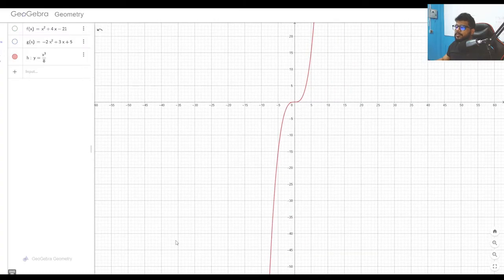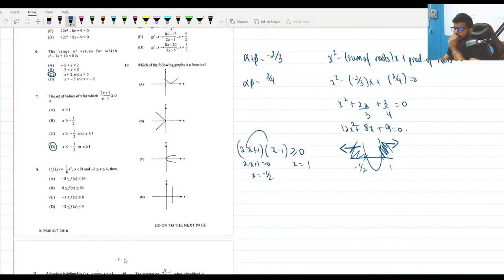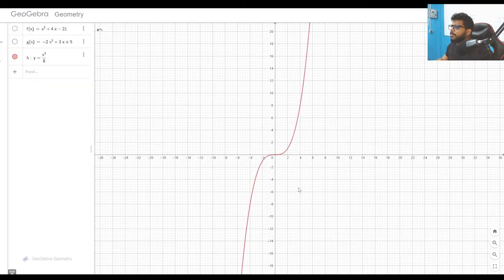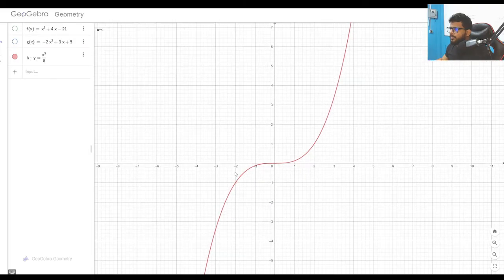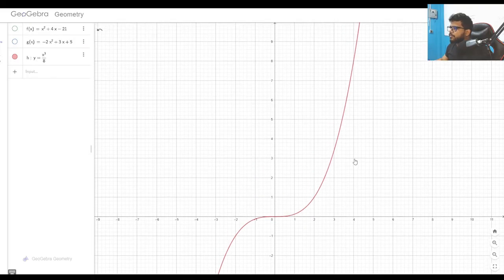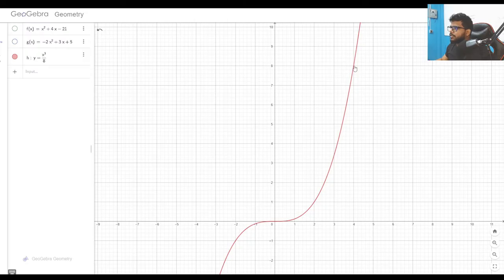So this is how this graph looks. And the question says that I'm only concerned when x is between -2 and 4. So between -2 and 4, I'm only concerned with this piece of the graph here and this piece of the graph here. That's all I'm concerned with.